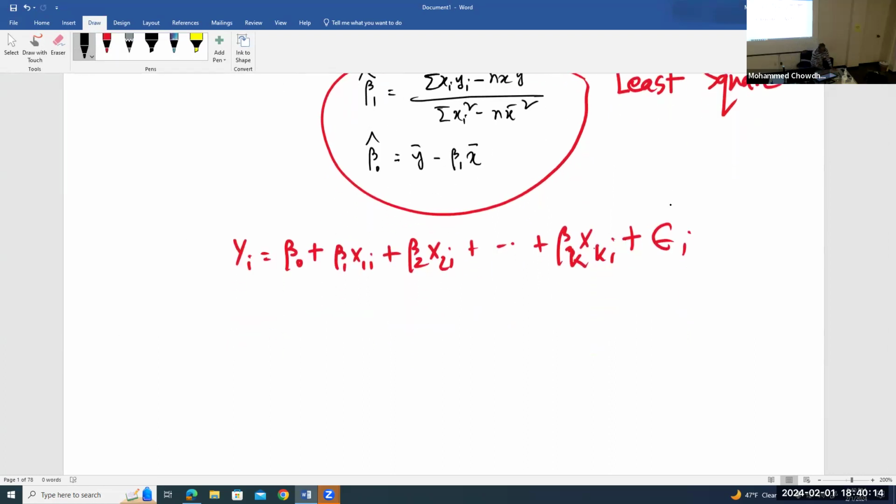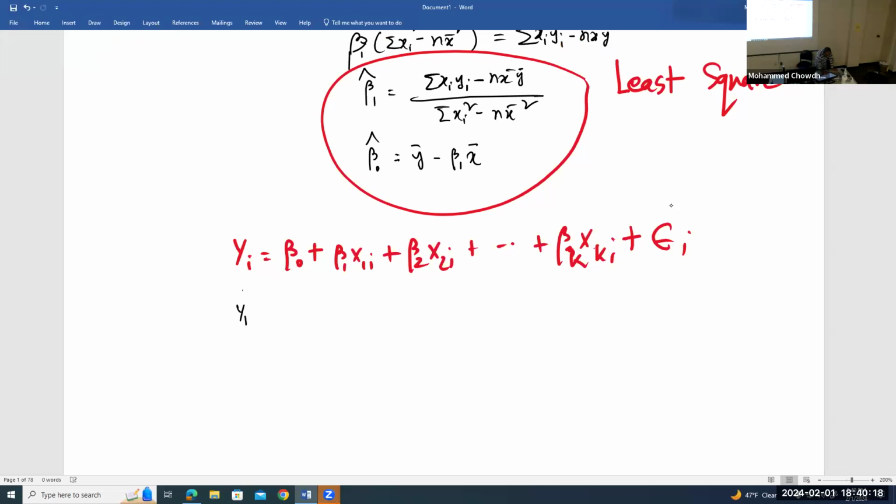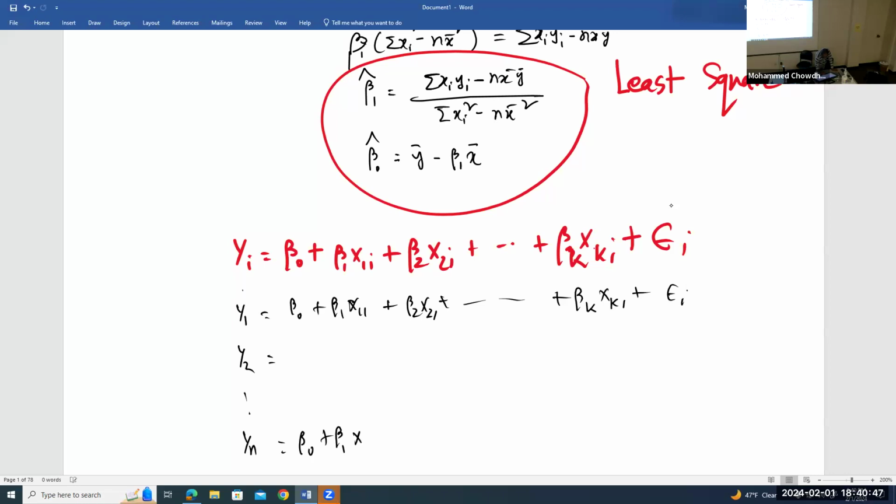Remember, if I write i equal to 1 to n, y1, y2, all the way to yn, then I can write beta 0 plus beta 1 x 11 plus beta 2 x 21, all the way to beta k x k1, plus epsilon 1, and finally beta 0 plus beta 1 x 1n plus beta 2 x 2n, and then beta k x kn plus epsilon n.